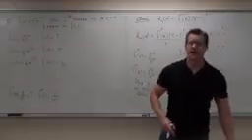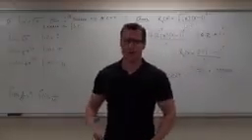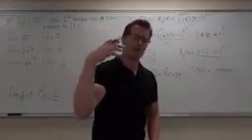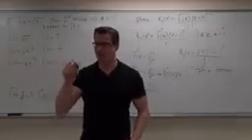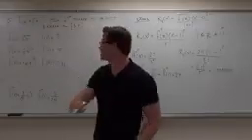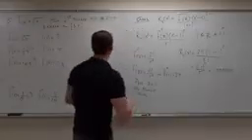Now, do we need to find a pattern like a Taylor series? No. All we gotta do is write out the first, when I say degree 2, you're gonna have 3 terms then. You're gonna have f, the first derivative of f, and the second derivative of f, because we're in a degree 2 polynomial. So let's do it.